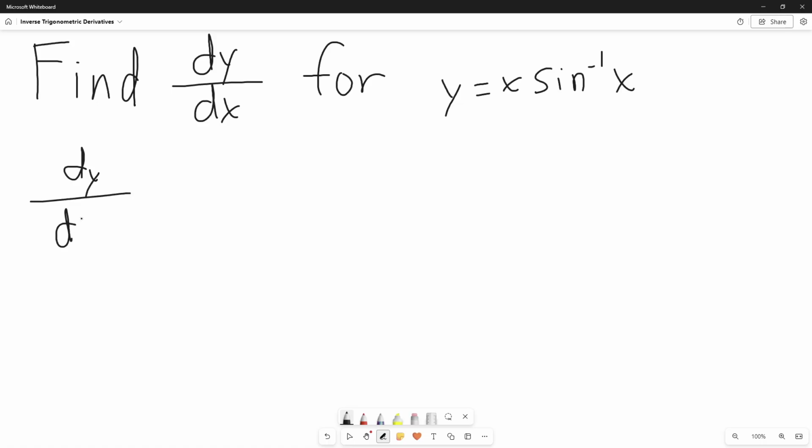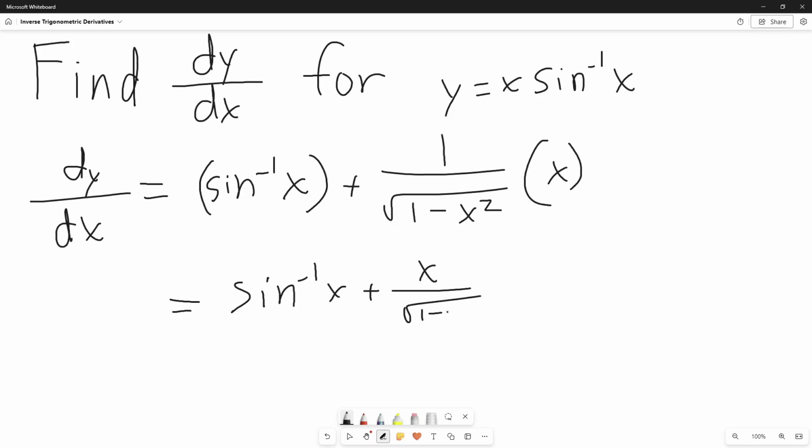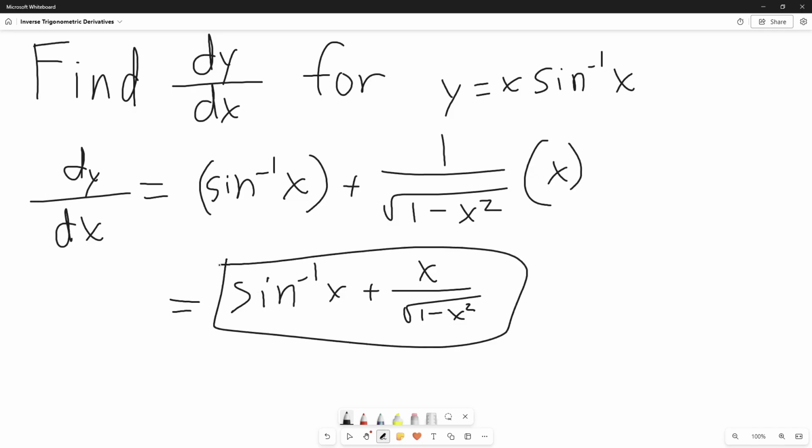So dy over dx is equal to 1 times inverse sine of x plus the derivative of inverse sine of x, which is 1 over the square root of 1 minus x squared, times x. This is just simple product rule, so it's not anything different at all. And this simplifies to inverse sine of x plus x over the square root of 1 minus x squared. And that's our final answer.